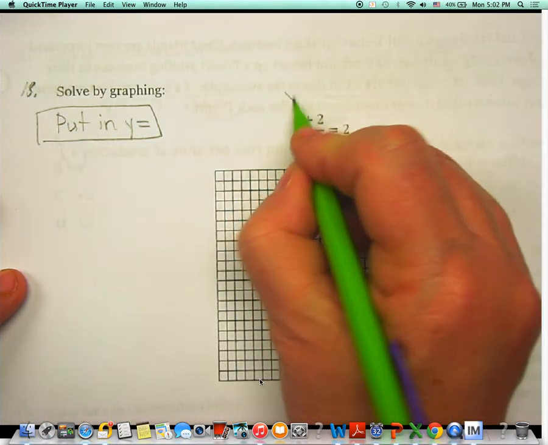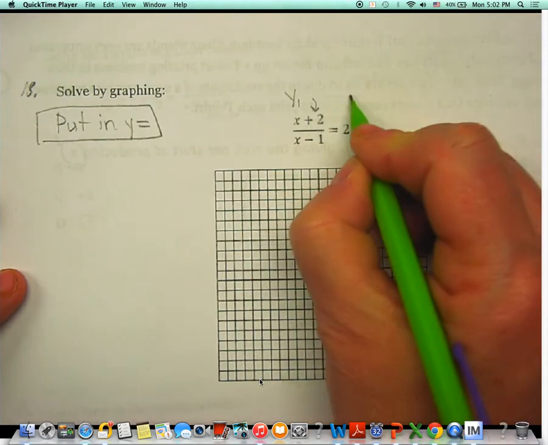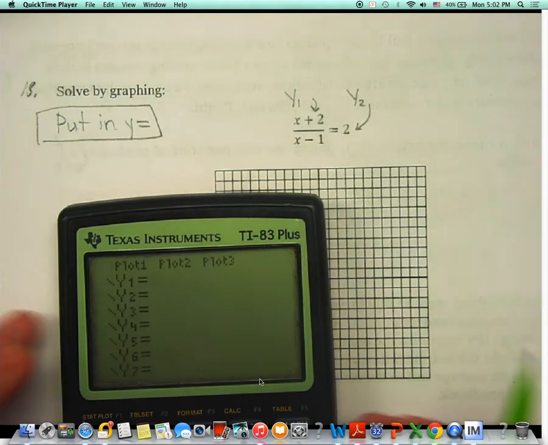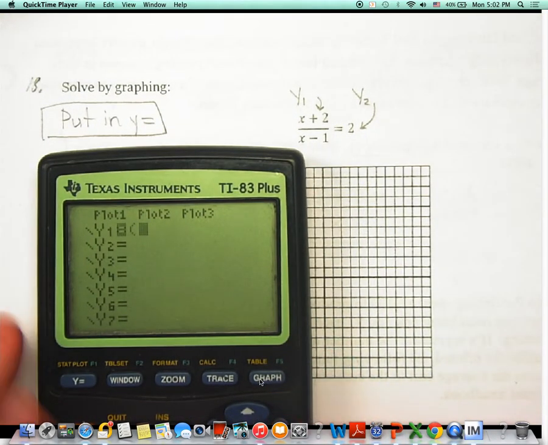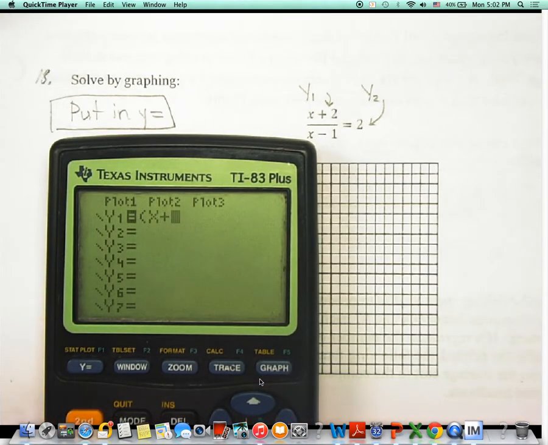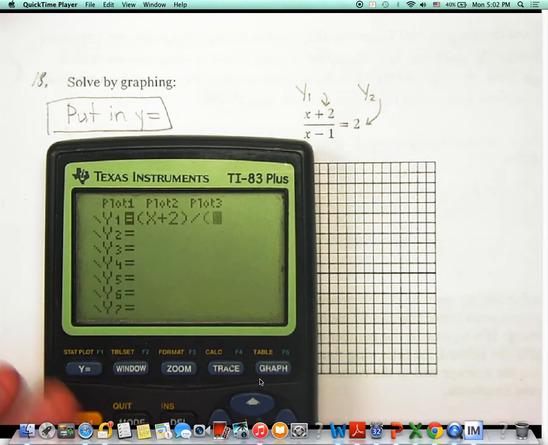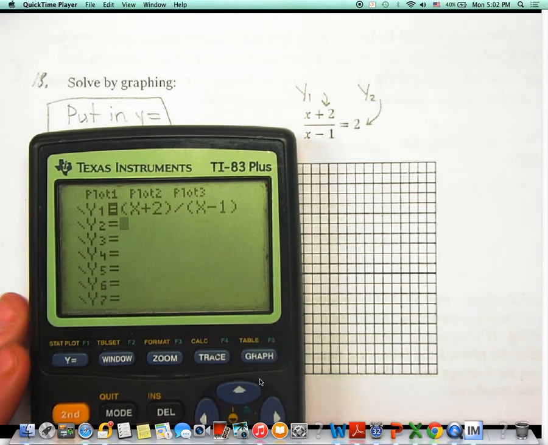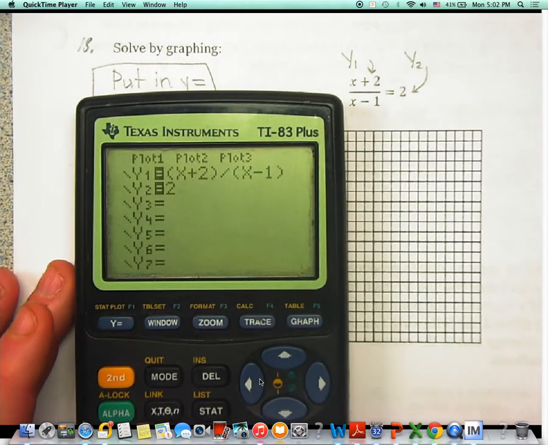So y1 is this one and y2 is this one. Okay, so in y1, we're going to put parentheses, x plus 2 divided by parentheses, x minus 1. And then in y2 we'll put 2, and then we're going to find where they intersect, and that's going to be our solution. And we're going to sketch it.